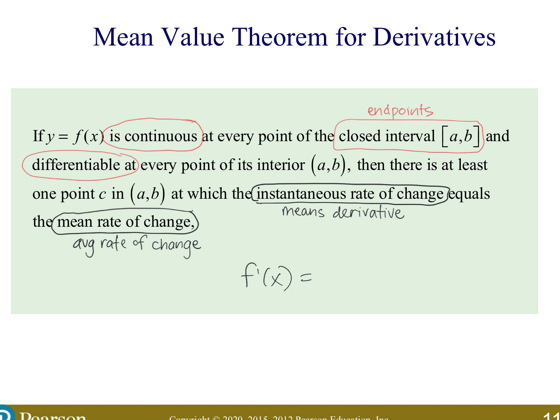Equals, and then what's the average rate of change? Let's use function notation. I'll give you a hint. f of b minus f of a over b minus a. Okay? So that's the meaning. This is the mean value theorem.